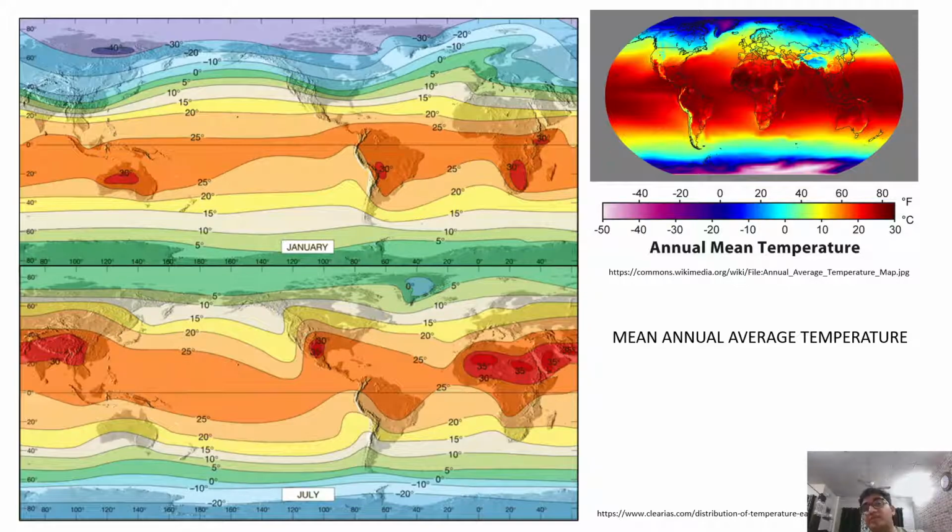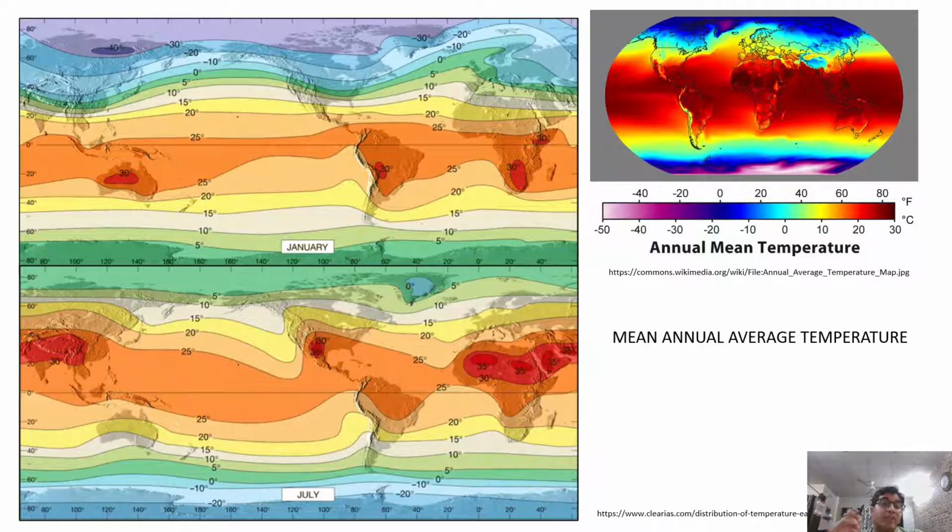Because in the previous lecture I have already told you that these are the winter months and summer months in the northern hemisphere, and summer and winter months in the southern hemisphere respectively. So we all know that due to the elliptical orbit of the earth around the sun, during the months of January, when there is winter in the northern hemisphere, it is summer in the southern hemisphere, and when it is summer in the northern hemisphere, it is winter in the southern hemisphere.